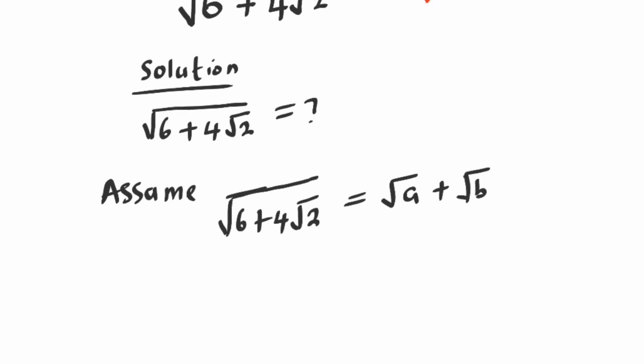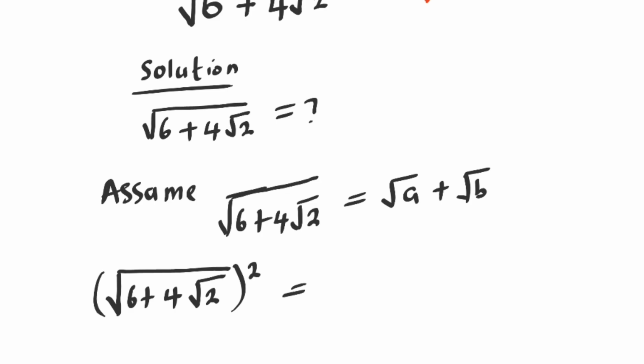Now let us square both sides, and we have the square root of 6 plus 4 square root of 2, all squared, is equal to square root of a plus square root of b, all squared. The square cancels the square root.